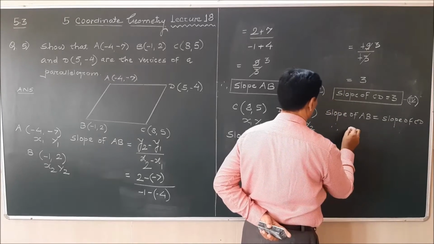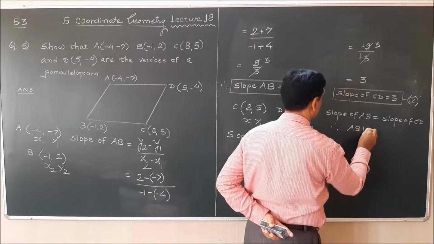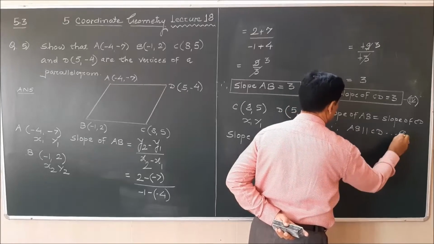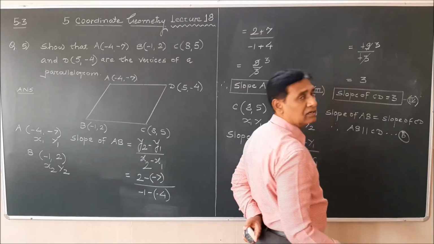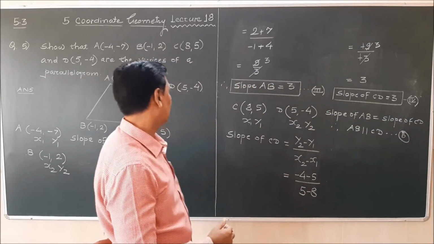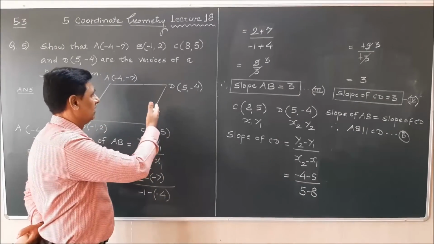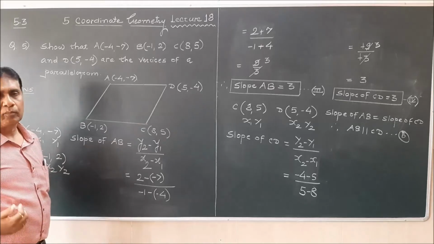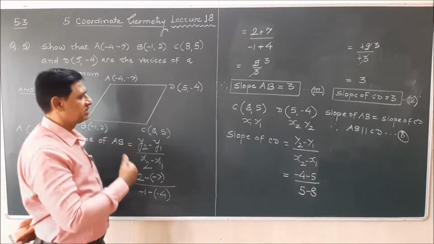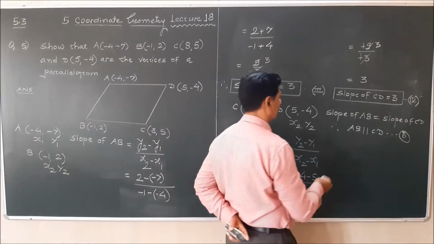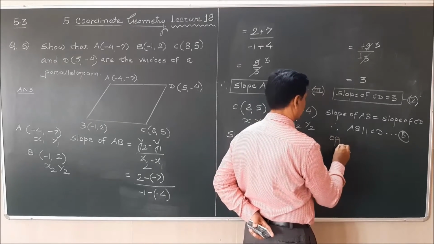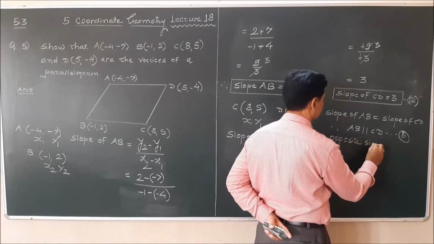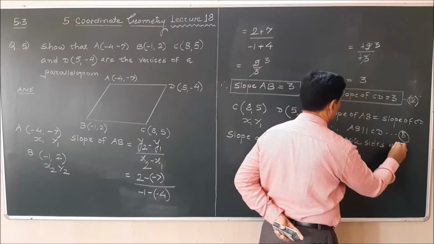Therefore, AB is parallel to CD. But AB and CD, these two sides, are opposite sides of ABCD. So therefore, I'll also mention over here, opposite sides are parallel.